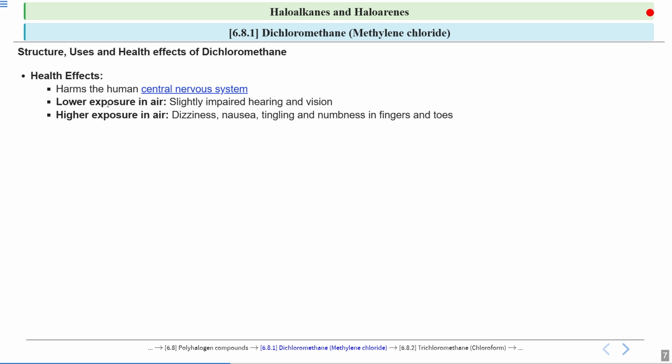On the other hand, higher exposure in the air can cause dizziness, nausea, tingling and numbness in the fingers and toes.